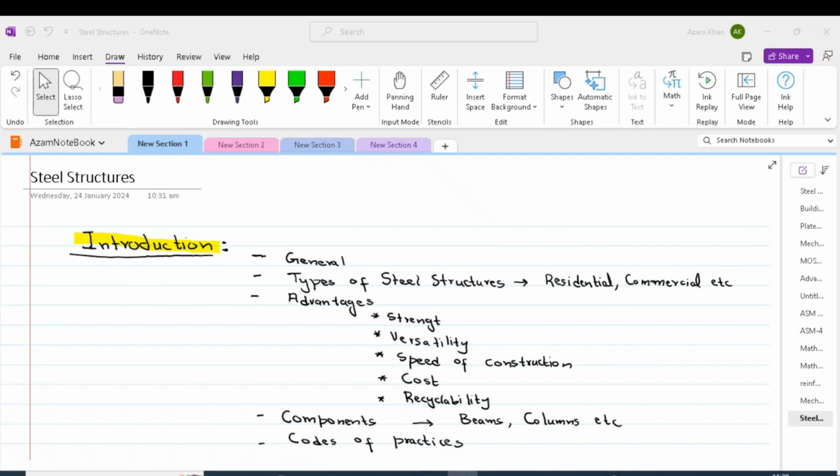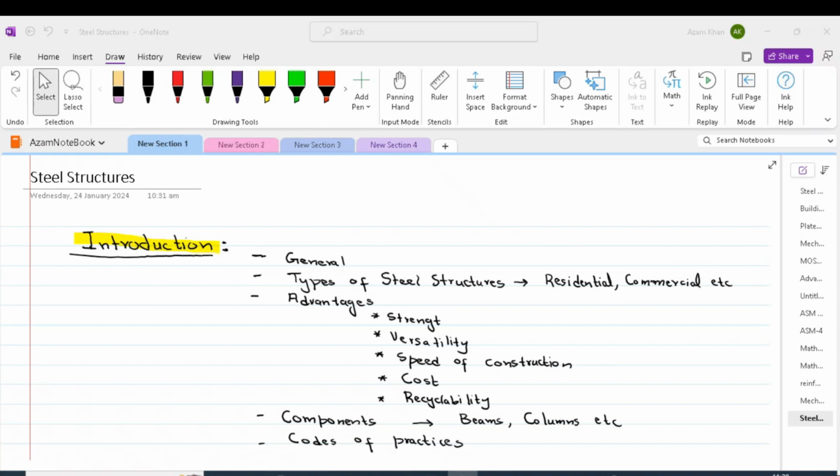Steel's strength allows for large open spaces without the need for numerous support columns. Factories, warehouses, and other industrial facilities commonly use steel structures due to their ability to support heavy loads and withstand harsh environmental conditions. Steel is also commonly used in bridge construction due to its strength and durability.